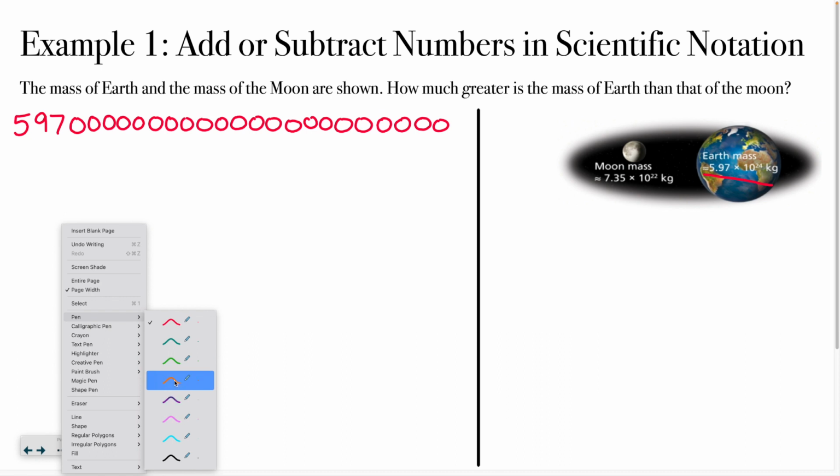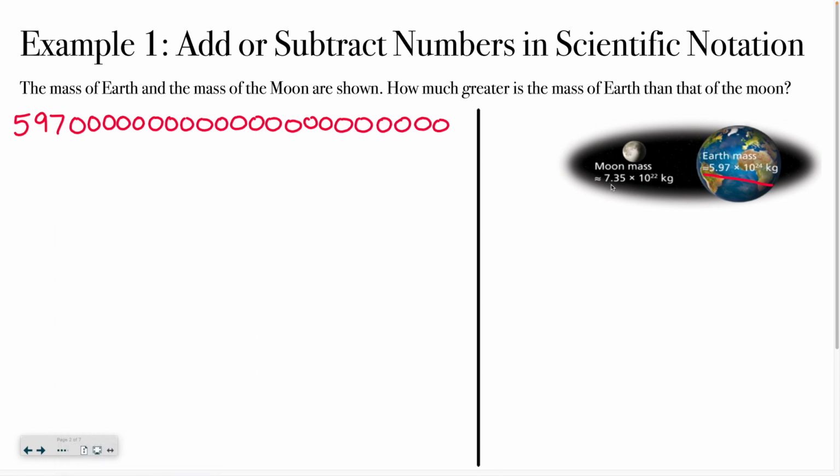Now let's write out the Moon's mass. It's 7.35 times 10 to the 22nd. So again, I would do the same thing. This time I see it's a slightly smaller number, and it's smaller by 2. So I'm going to start right here, and I'm going to say 7, and then count to 22.